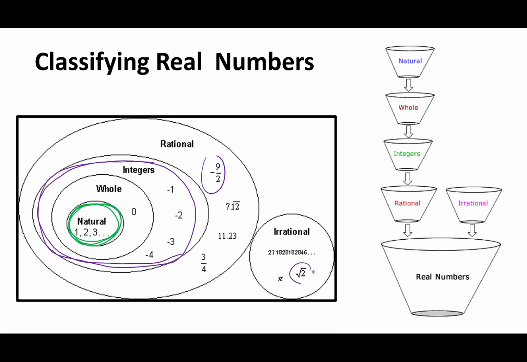Another very common irrational number is when you take the square root of a non-perfect square. Okay, so remember basic math. A perfect square is a number like 1 or 4, 9, 4 times 4 is 16, 25, 36, 49. Those are your perfect square numbers.